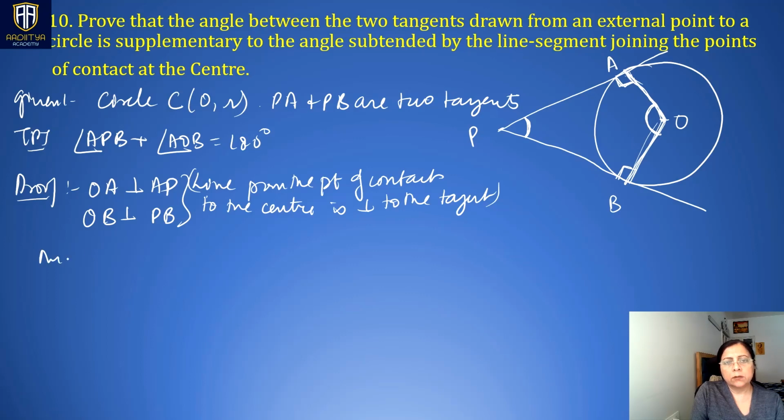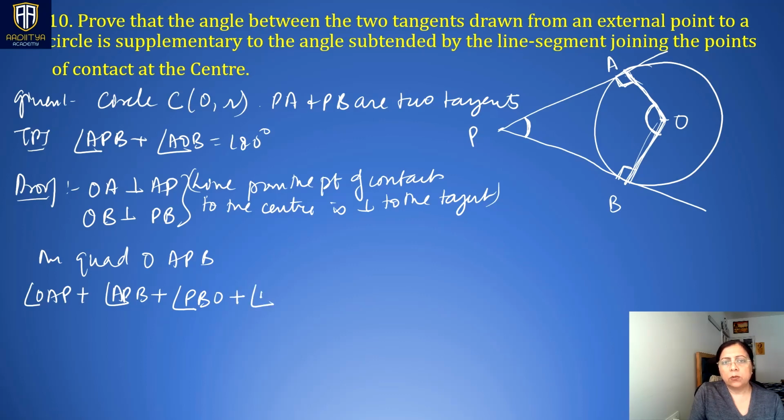So in quadrilateral OAPB, angle OAP plus angle APB plus angle PBO plus angle AOB, the sum of these four angles is 360 degrees. This is a quadrilateral, angle sum property of a quadrilateral.